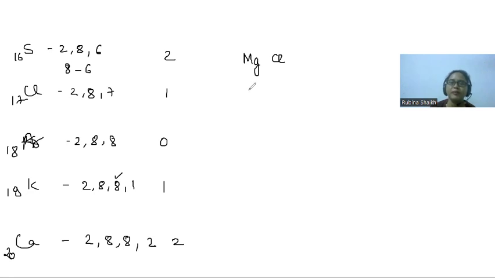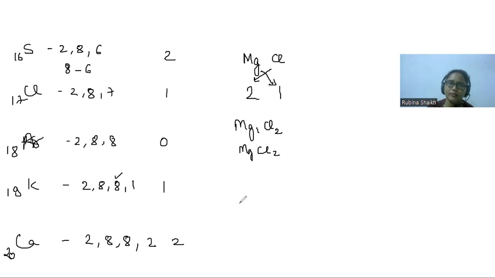Magnesium has atomic number 12, its valency is 2, and Cl has valency 1. So criss-cross: Mg will take up 1, Cl will take up 2, and you will get Mg1Cl2, that is MgCl2. This is the formula for magnesium dichloride.